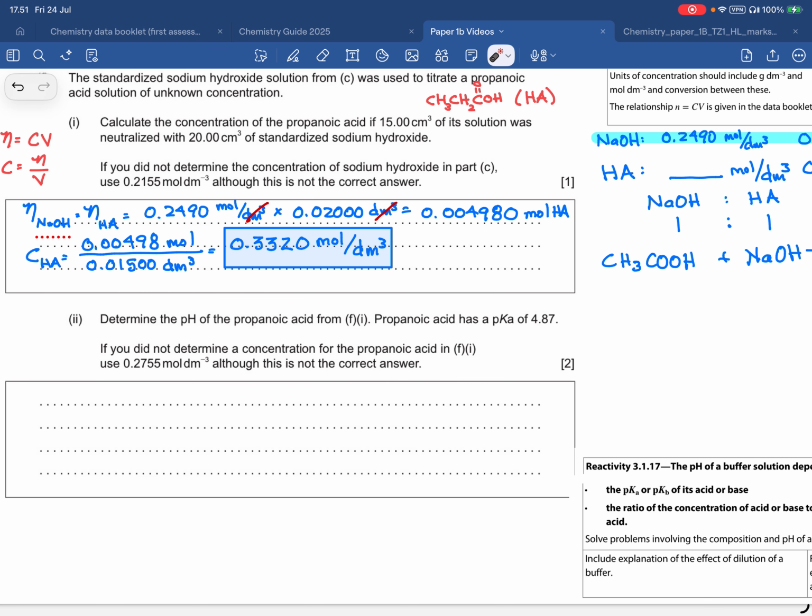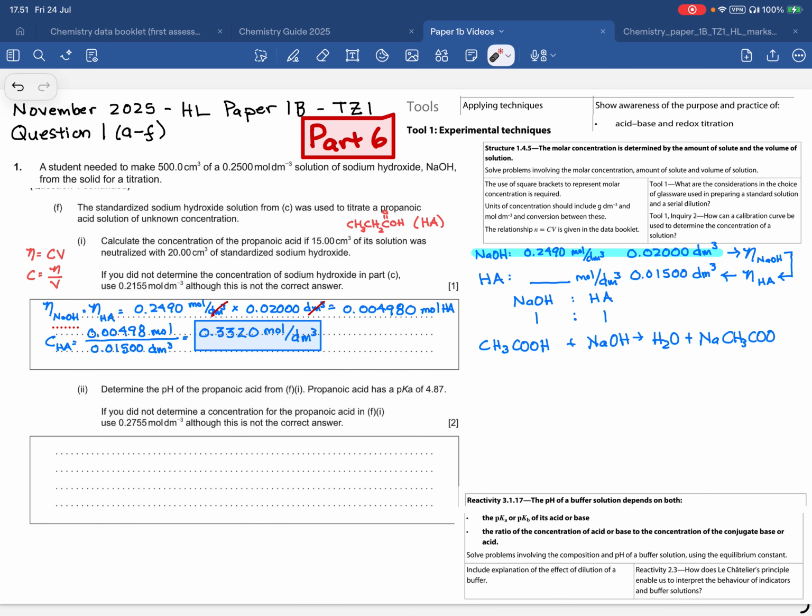All right, now we're going to do the calculation for this thing, but I'm actually going to show you the theory behind it as we go. All this is propanoic acid, HA, right? So, given that it's just HA, what's going to happen is it's going to dissociate into H plus and A minus.